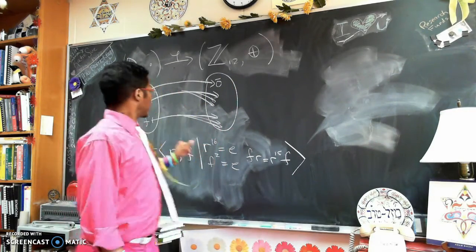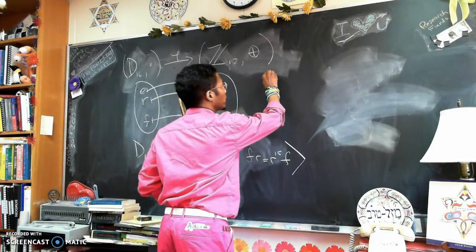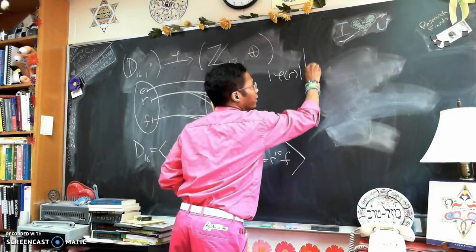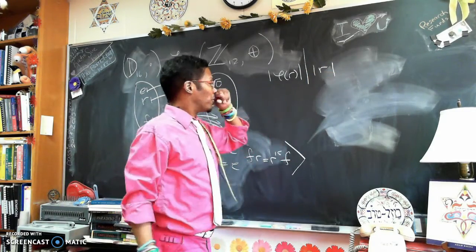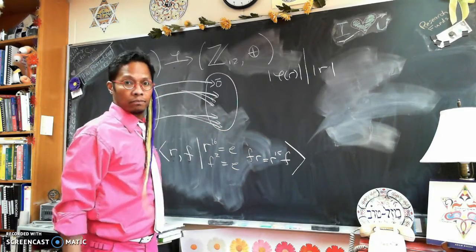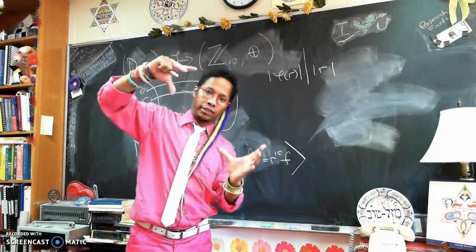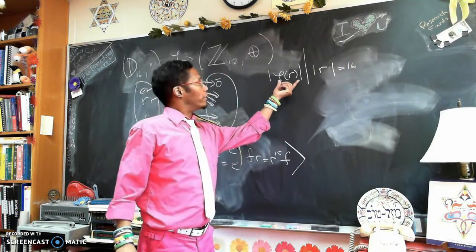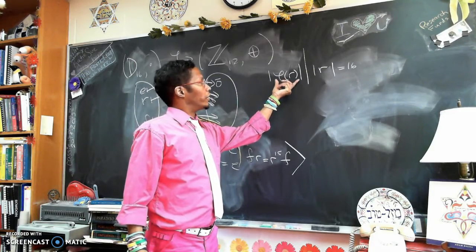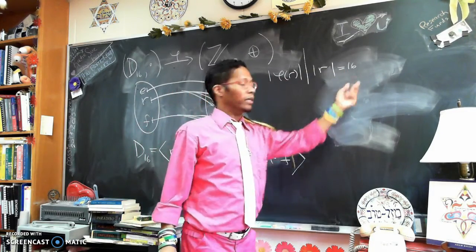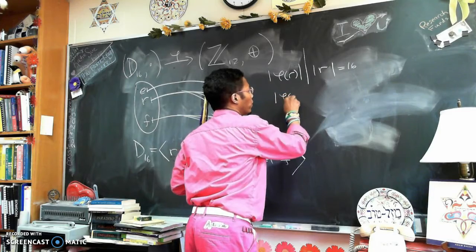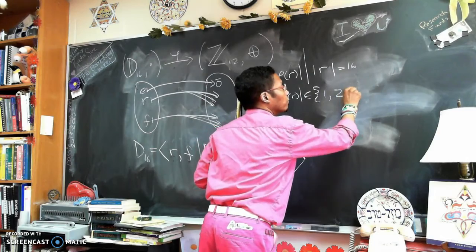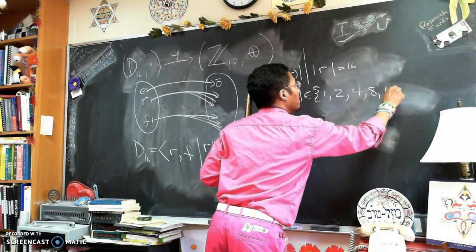We know that the order of the image of R must divide the order of R. But what's the order of R in D16? Well, if I rotate a 16-gon around 16 times, I get the identity. So this number is 16. So I know then that the order of phi of R must divide the number 16. That forces the order of phi of R to be either 1, 2, 4, 8, or 16.